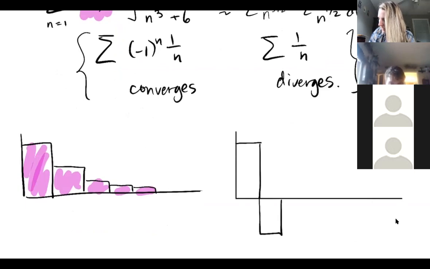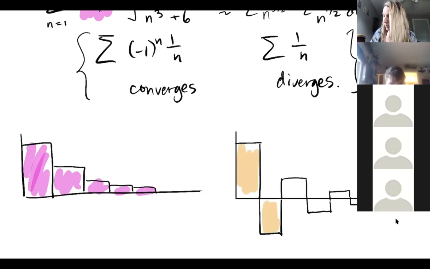It's a negative area. And we've got A3, A4, A5, A6. So this alternating area ends up canceling enough that the limit goes to 0.